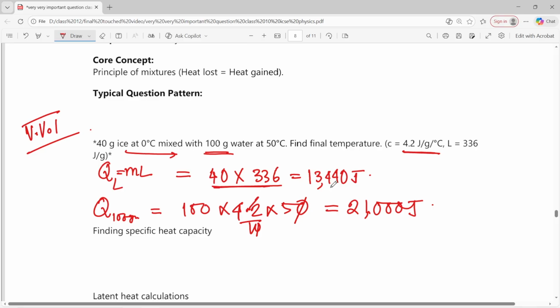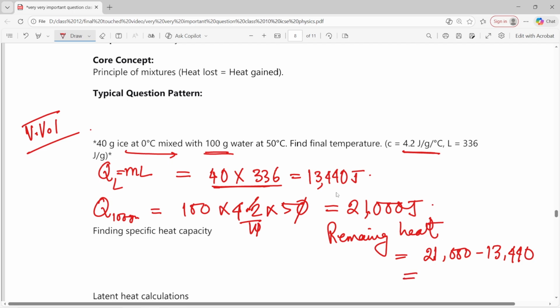So the remaining heat is 21,000 minus 13,440, and you get 7,560 joule.